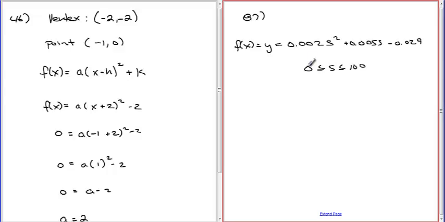Use the graphing utility to graph the function, and graphically estimate the maximum speed of the car if the power required to overcome wind drag is not to exceed 10 horsepower. Okay, so let's just plot this thing first.